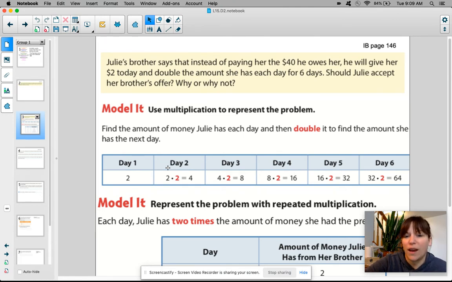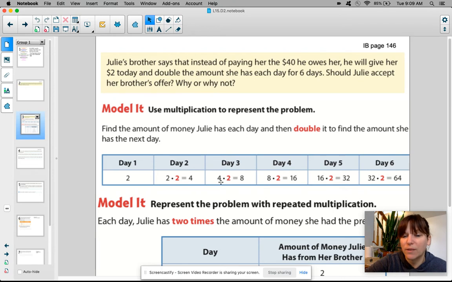So one way is to actually list out the days and figure out the amount per day that would be given. So on day one, he's going to give her $2. And then since she has $2, she's going to get it doubled on day 2. So you see that being multiplied by 2. And then on day 3, she has $4.